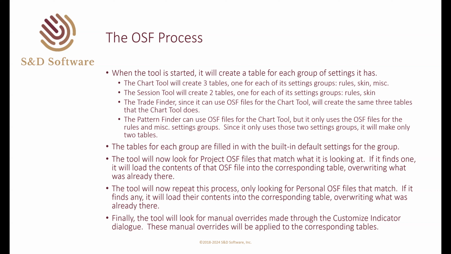So now the tool goes through and he processes all of the settings, looking to see which ones the user manually changed in the Customize Indicator dialog. And then for each one there that the user has changed, he will take the value the user specified and put that into the corresponding location in the appropriate table. And once he's processed all of the settings, then the table is finalized and he can begin processing the chart.